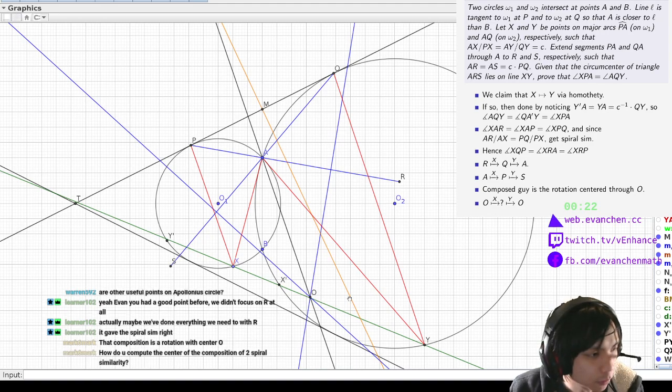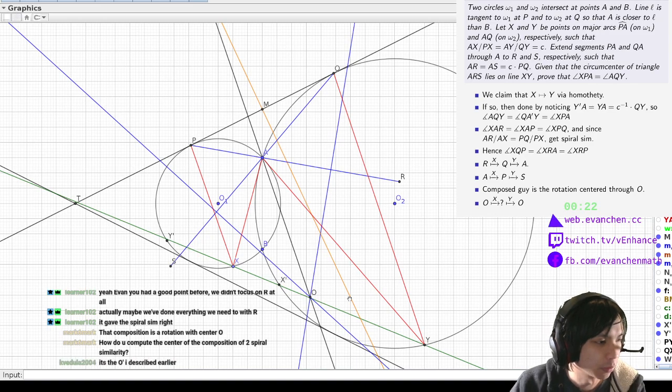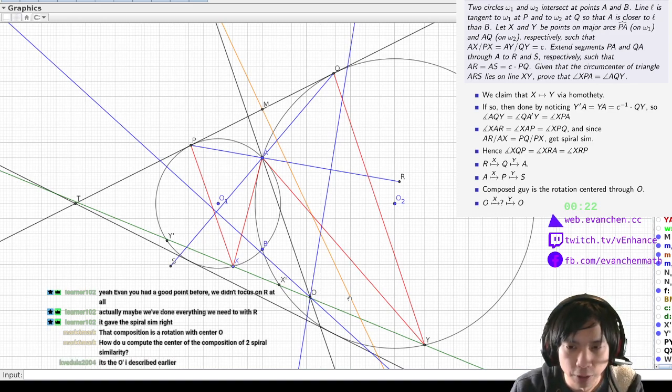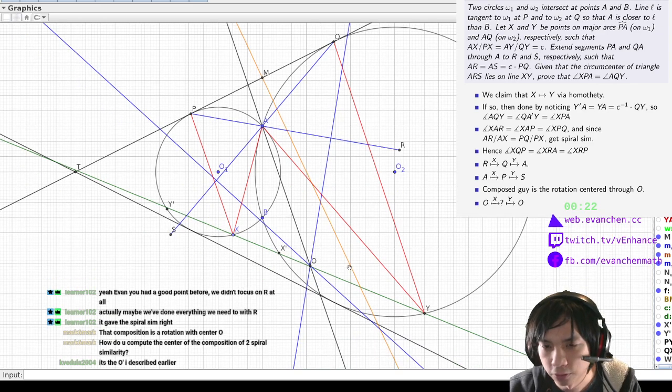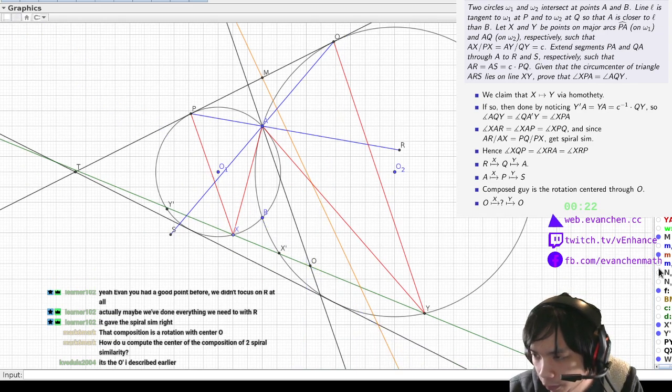So O goes to... How do you compute the center? I don't know. It's the O prime you described earlier. Okay, let's actually draw a point in. That seems like it'll be a useful point then.